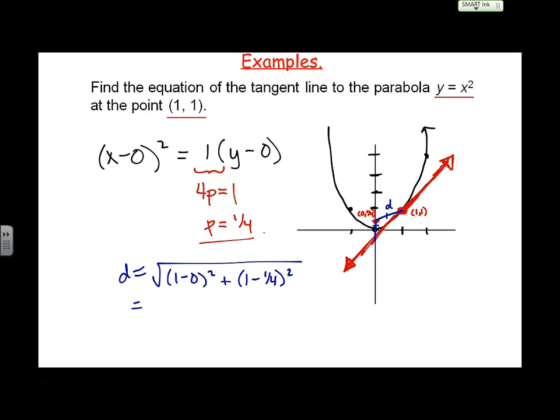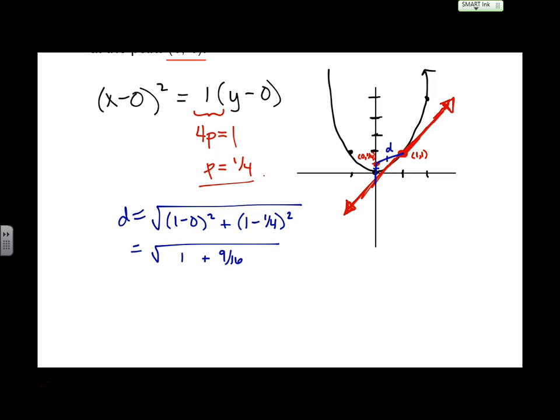I have 3/4 squared is 9/16. Something cut in fourths, take away 1, is 3/4, squared is 9/16. Common denominators: 16 over 16 plus 9 over 16 is 25 over 16. That just got nice. That's 5 over 4.